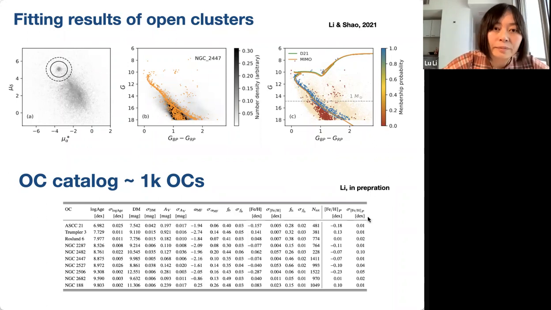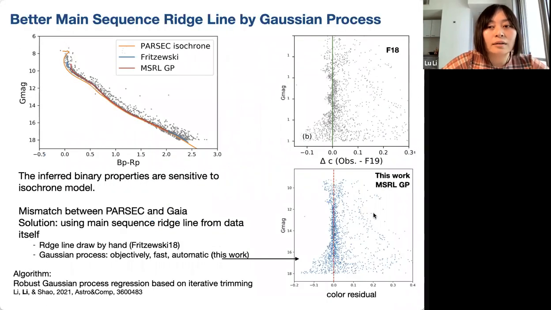The paper is in preparation. The second result is about the binary stars. When we use our method to fit the binary parameters, the binary parameter is particularly sensitive to the precise location of the main sequence.